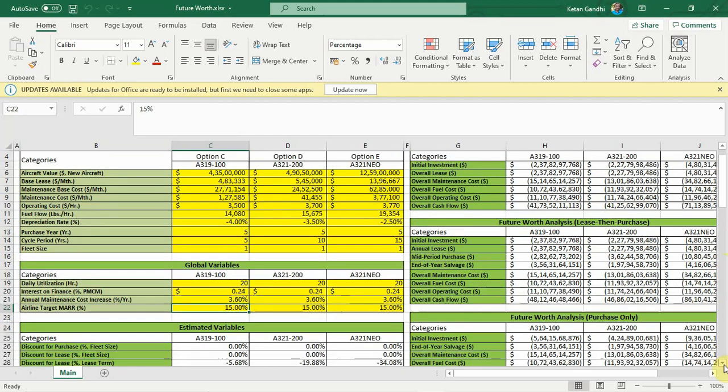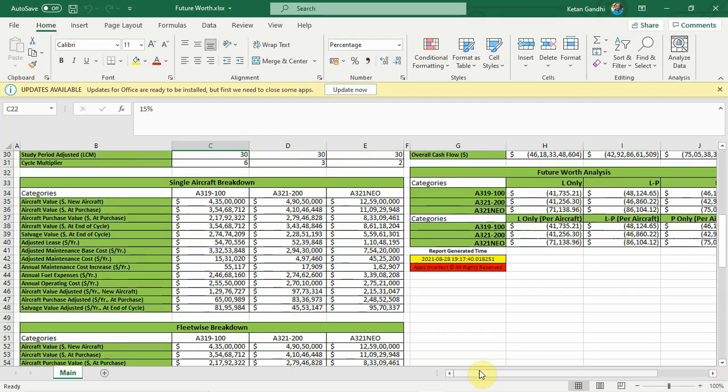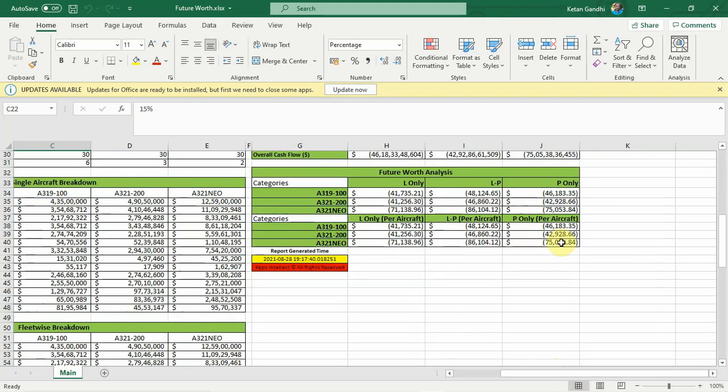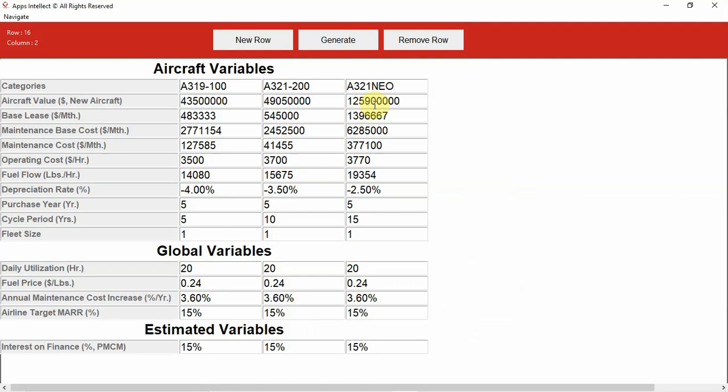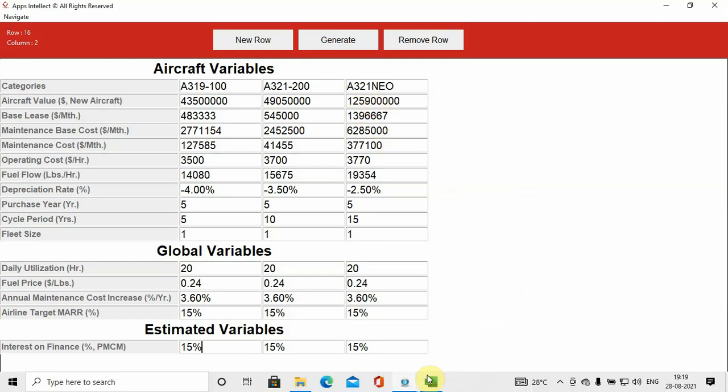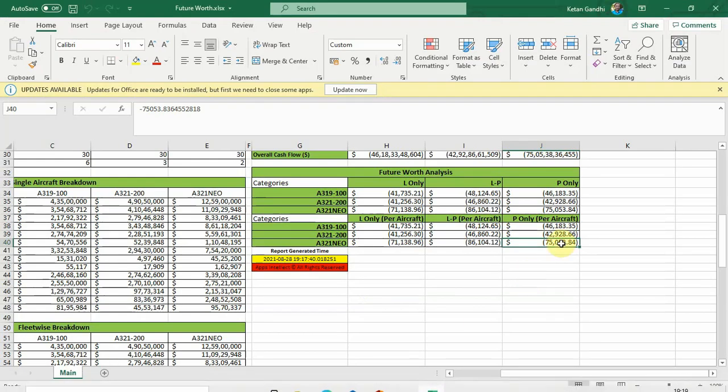And if you look at the final figures, we'll look at the A321. What's the future worth when investing? The figure for the new aircraft was 125,900,000. So based on that, what would be the future worth?